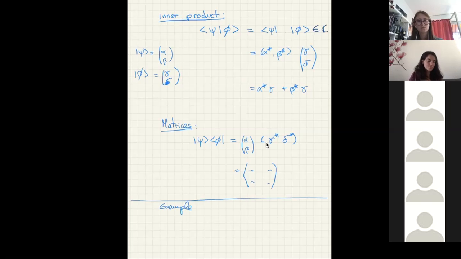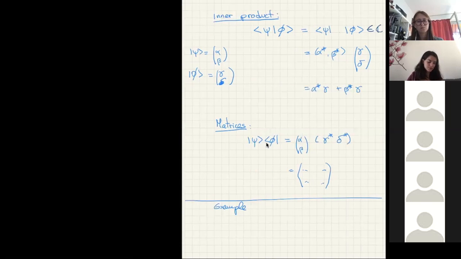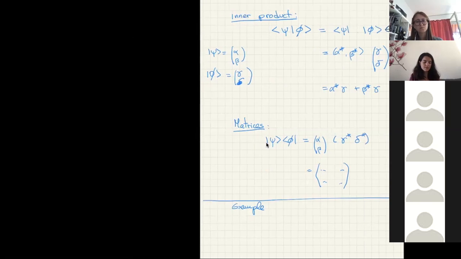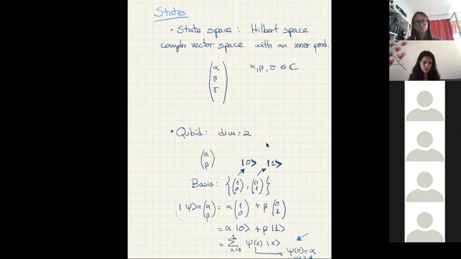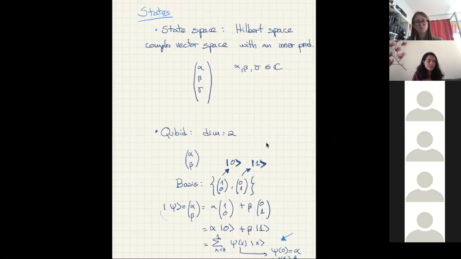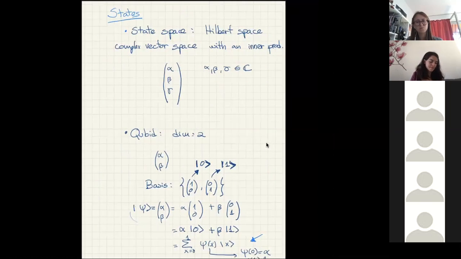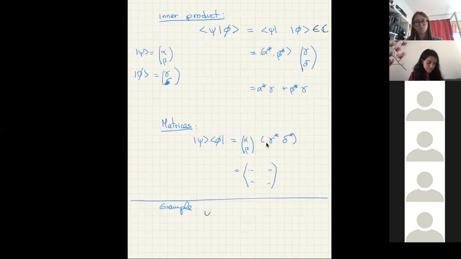Okay, so let's go back first to the example of the qubit here, right? We take this function and we want to find the wave function using this. So we have psi of x is ⟨x|psi⟩, and our psi was (alpha, beta).